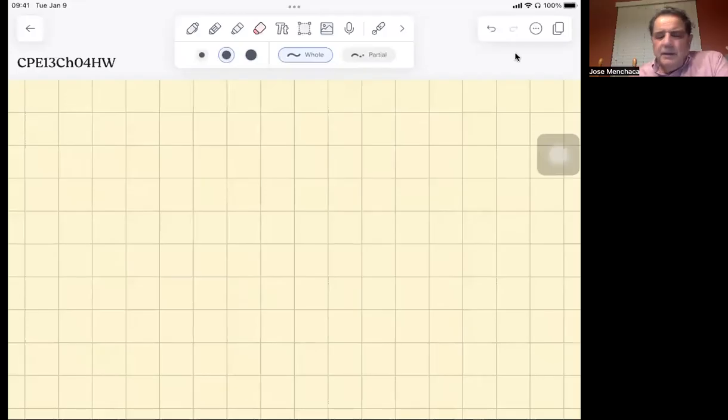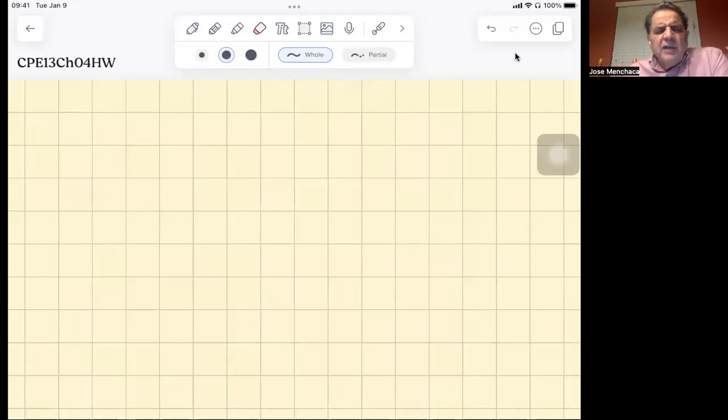Okay, this is a study of the homework examples for Conceptual Physics Chapter 4. Before we get into problems, just a brief discussion of what we have learned in this chapter, and it's Newton's second law of motion.